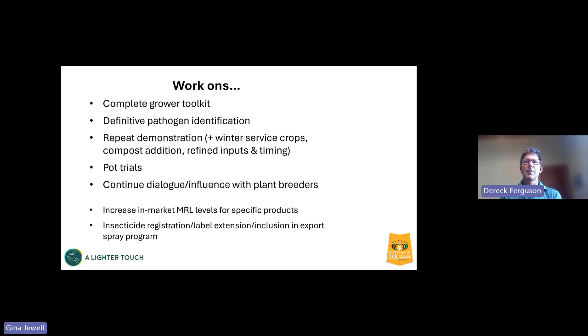So in conclusion, these are the work-ons currently underway within the project. We've obviously got to complete that grower toolkit.